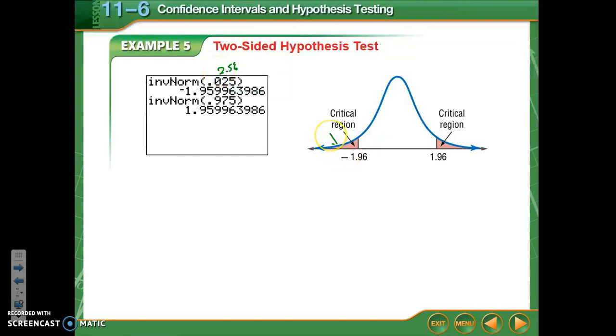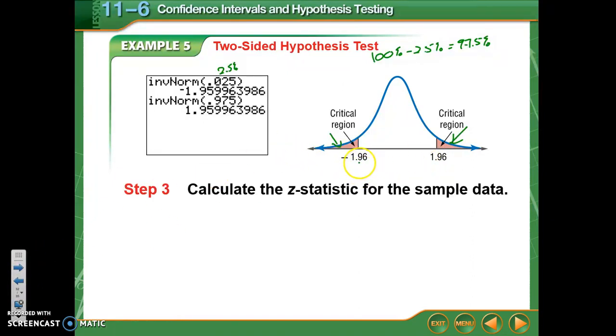That gives me the critical region down here. And then to get the critical region up here, I do 97.5%, because that's 100% minus 2.5%. So that's the area I need up there. I get my two z values, and they should usually be just opposites of each other.